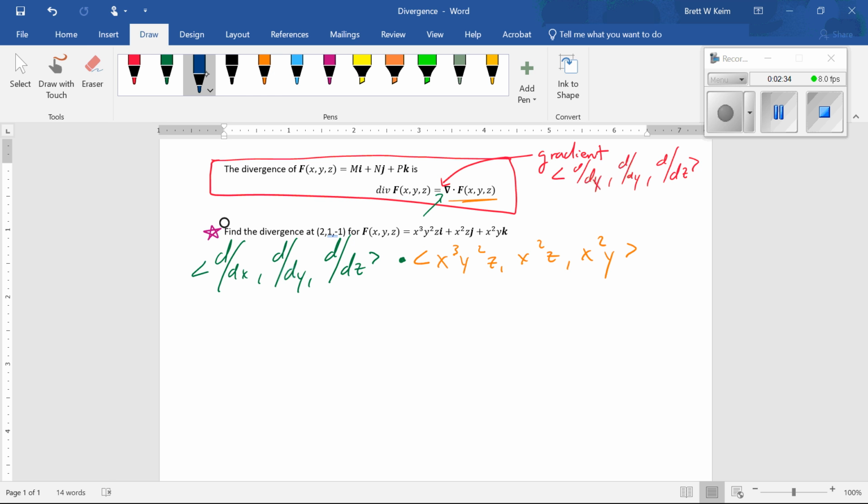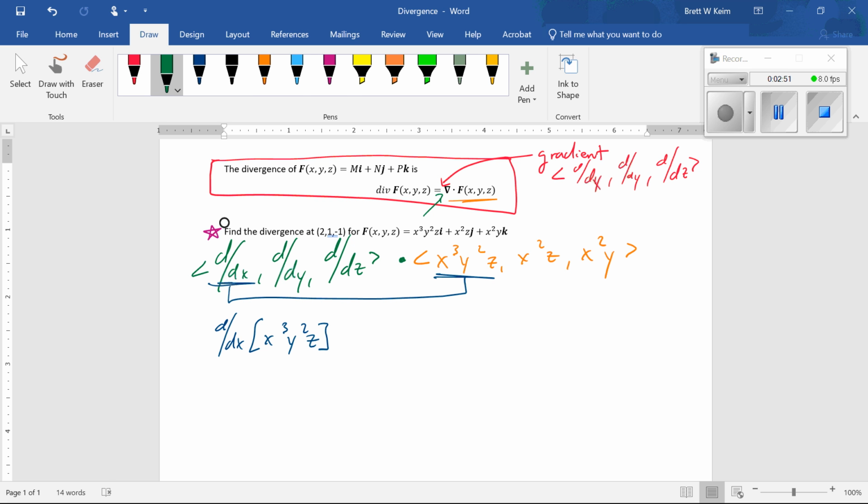Now I'm just going through, and remember when you dot, you're linking up the components. So this would be d dx of x cubed y squared z.